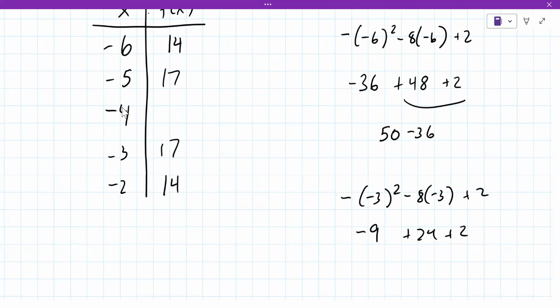This is -16 plus 4 times 8. It's 32 plus 2. 34 minus 16. Would it be? It's not 28, is it?